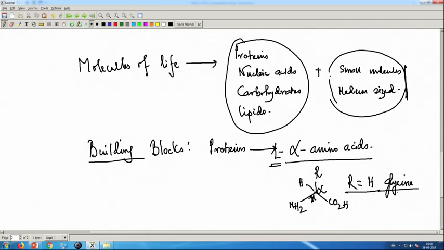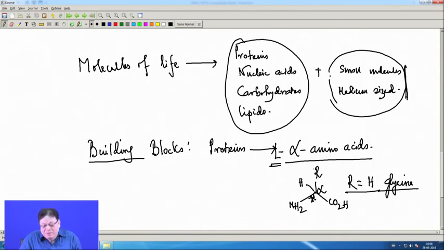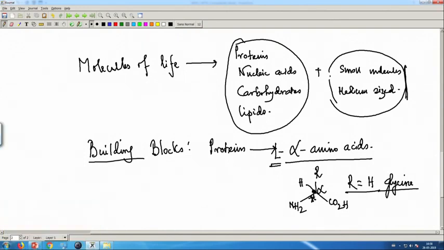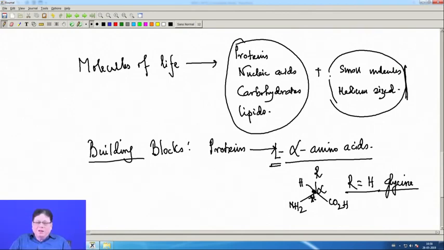Because of the lack of R, meaning some alkyl or aryl group, what you have is hydrogen. So, that makes it a non-stereogenic carbon, and if it is non-stereogenic, there is no question of stereochemistry here. So, glycine is the only achiral amino acid that is present in proteins. All other amino acids are chiral and they have the L configuration.